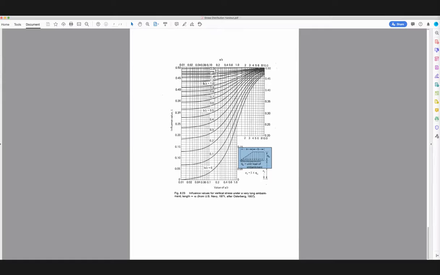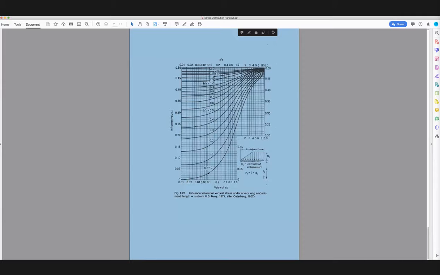It would be with a B of 0. So you'd be coming in here, and where does B of 0 show up? Right over here. B over Z of 0 is this last curve here. So that whole last curve going up here is associated with that B equals 0. Okay. All right.